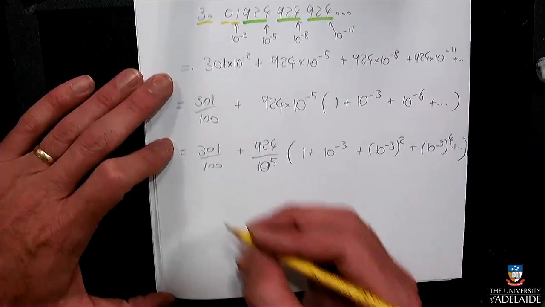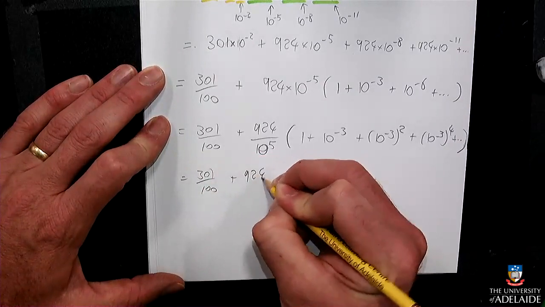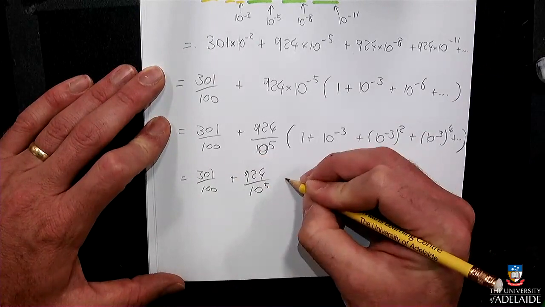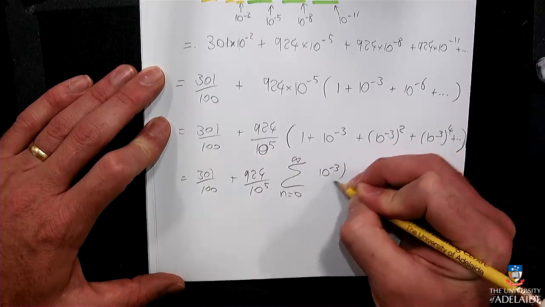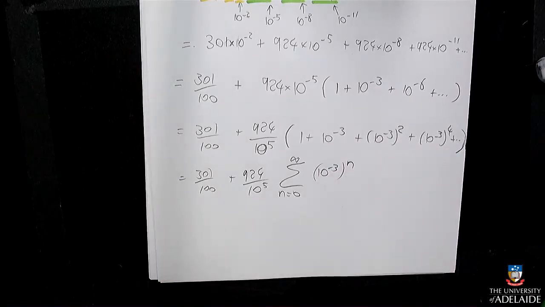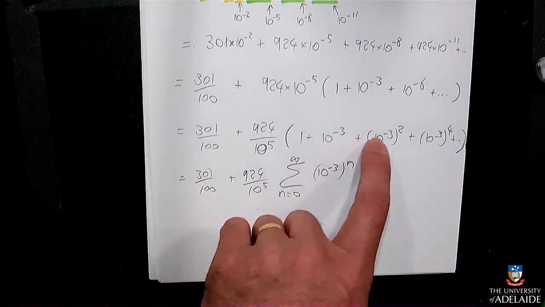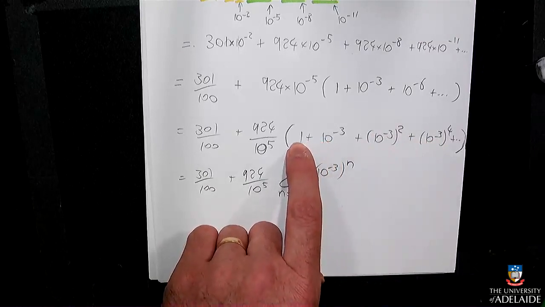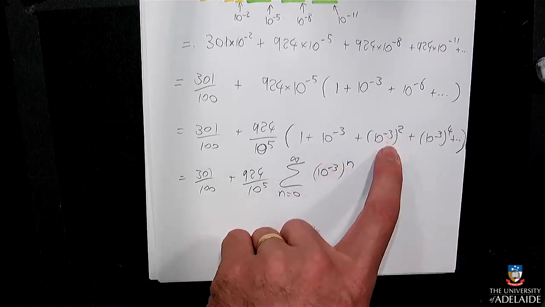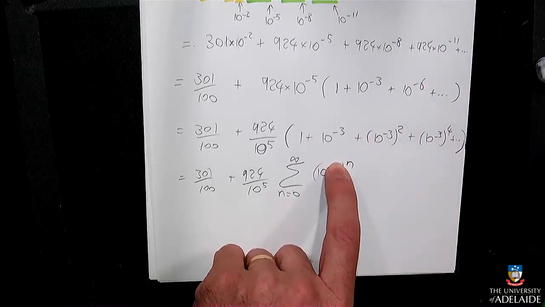And so this is really this. This is 10 to the minus 3 to the power of 1. This is 10 to the minus 3 to the power of 2. This is 10 to the minus 3 to the power of 4. This is 10 to the minus 3 to the power of n. And so this is another way of writing that. I could have gone straight from here to here if I wanted.